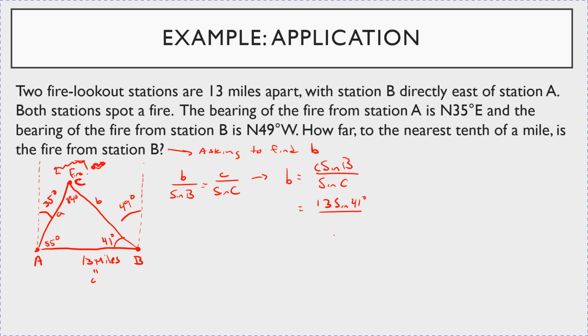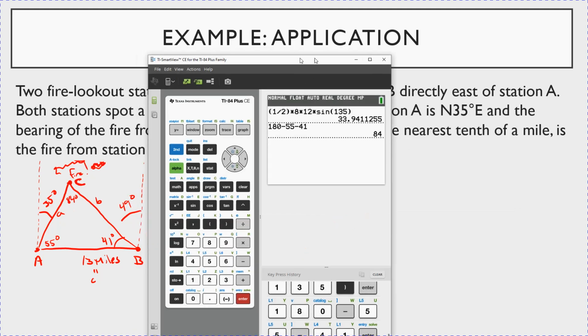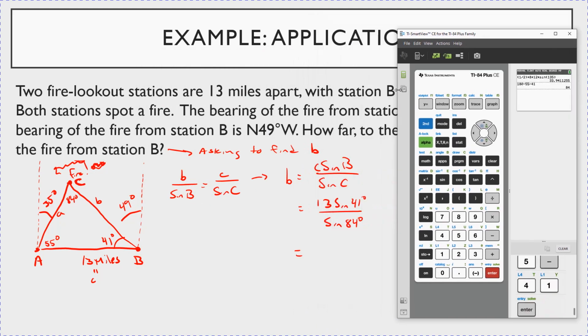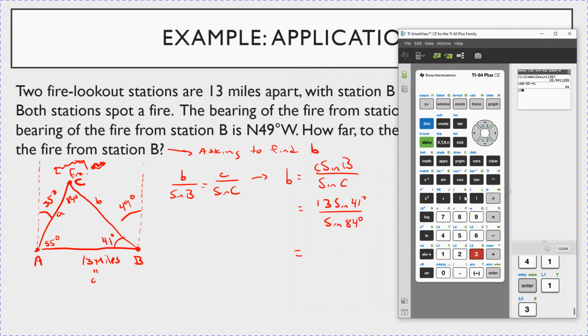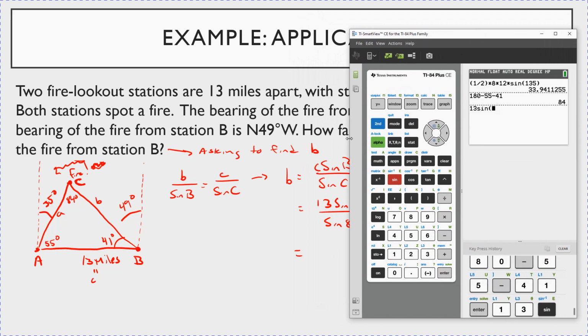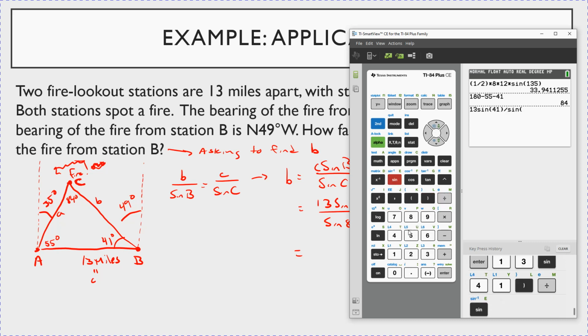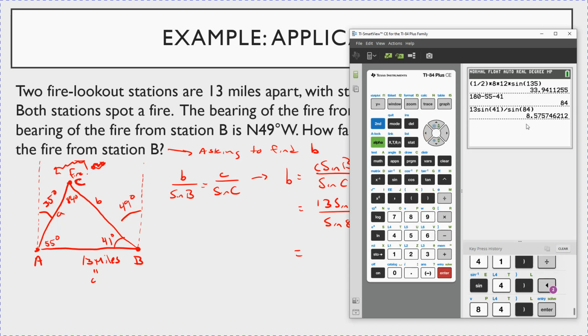C is 84 degrees. All right, let's grab our trusty calculator. 13 times sine of 41 divided by sine of 84. And you're getting this to be roughly 8.6 miles.